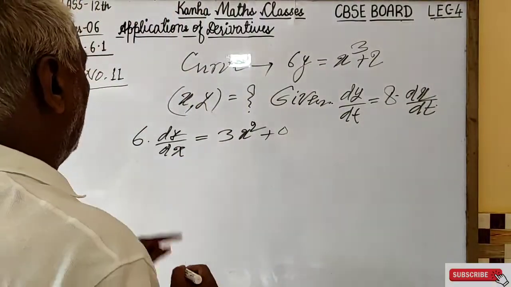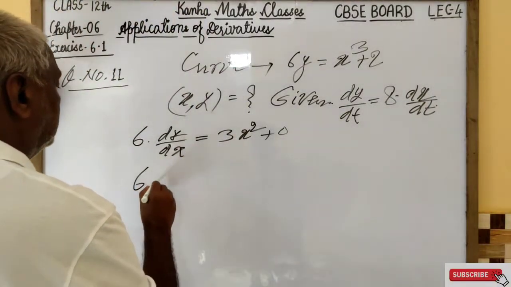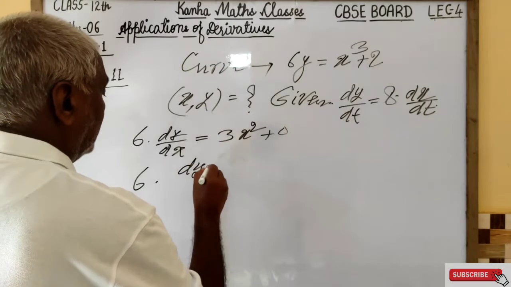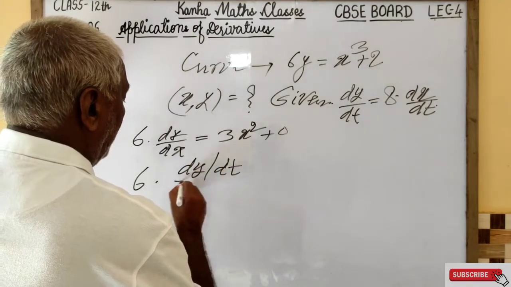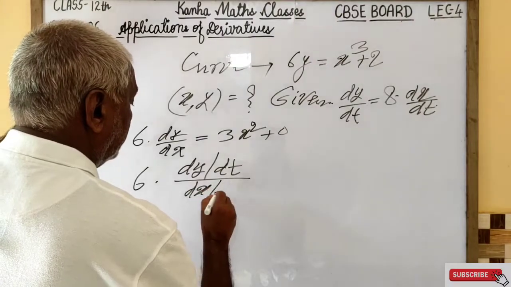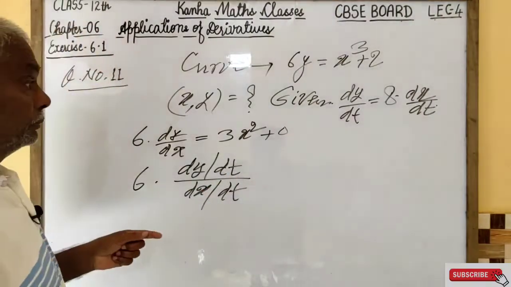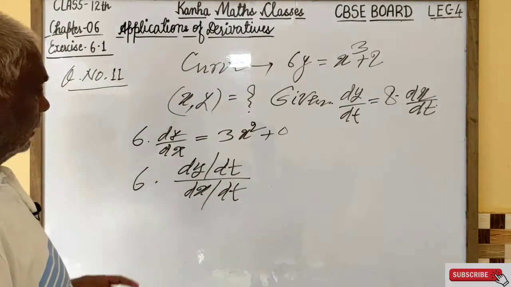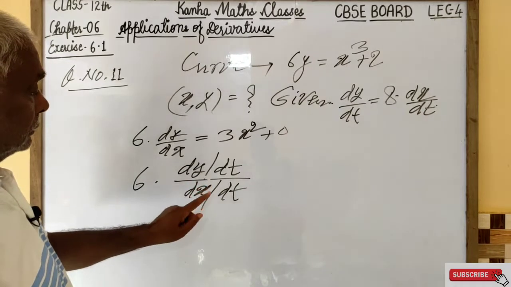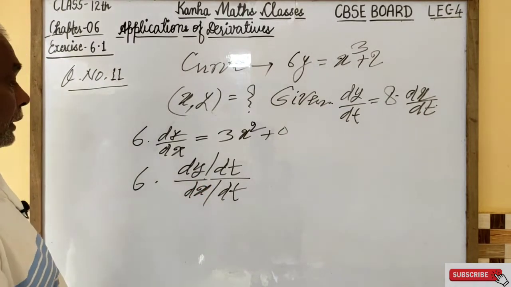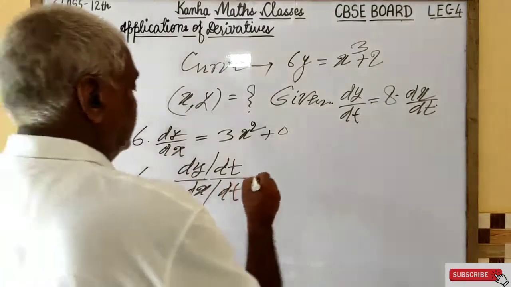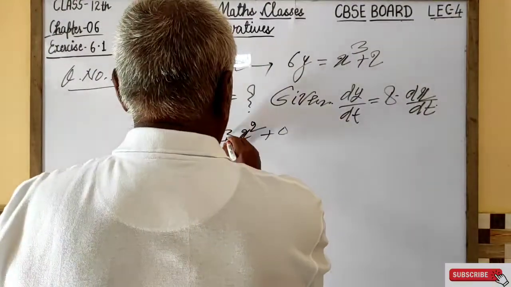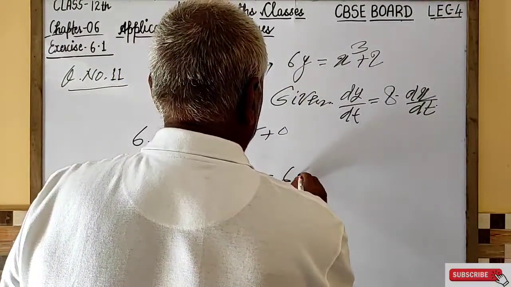In the same reference, I will use here 6 dy by dx will be converted into dy by dt upon dx by dt, as required in the question. Now, dy by dt upon dx by dt will be ultimately dy by dx, and this is equal to 3x square upon 6.